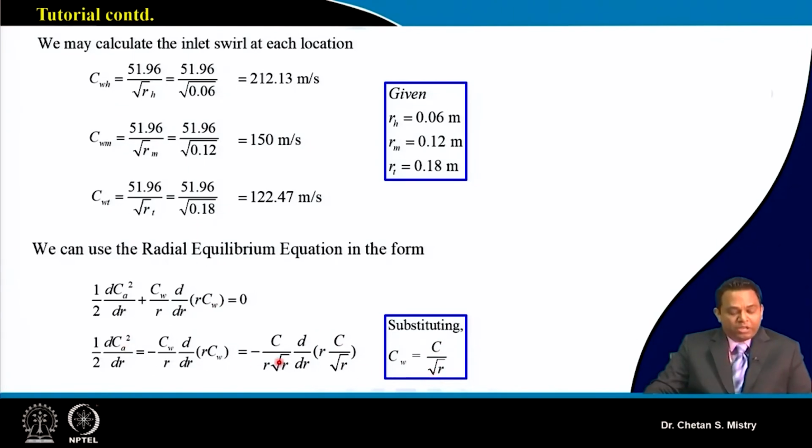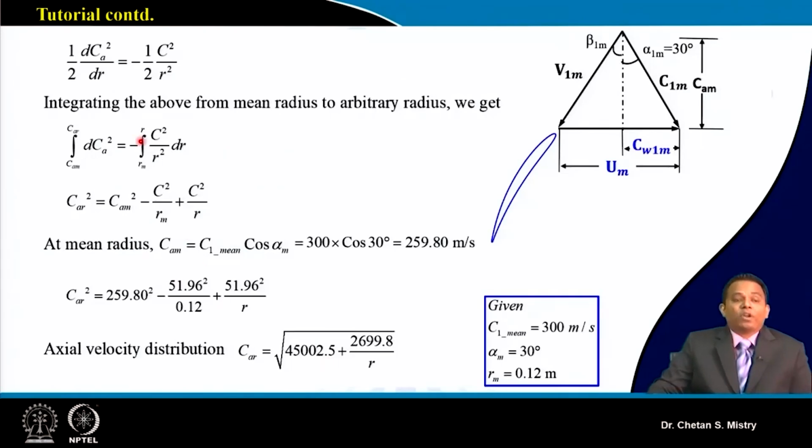If we put this in the equation, in the formulation form it says half d axial velocity squared divided by dr is given by minus 1 by 2 c squared by r squared. Now we can do the integration again, since at the mid station my axial velocity we can calculate. So let me put this as from the mid station to some radius r. Here also we are putting from the mid station to some radius r.